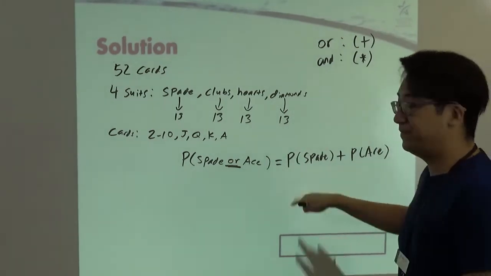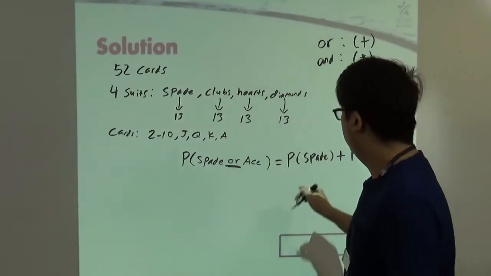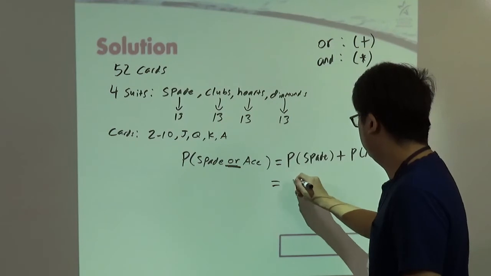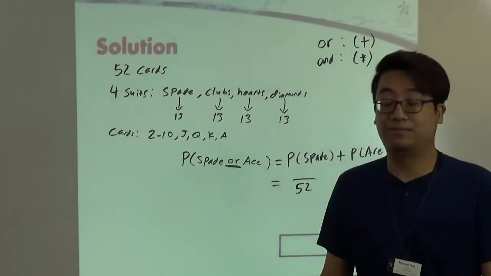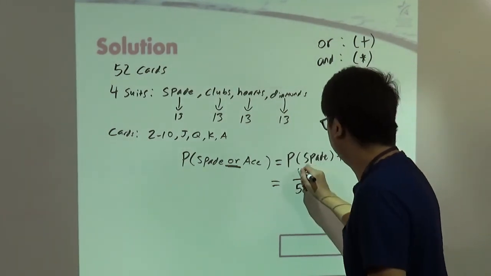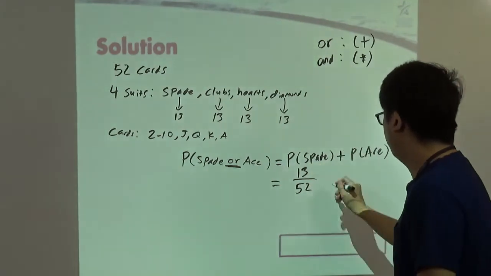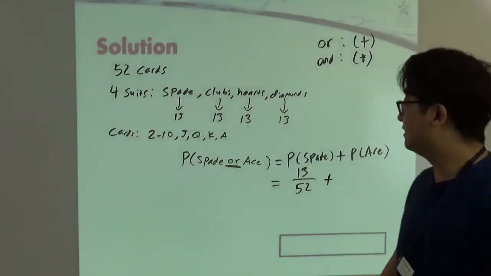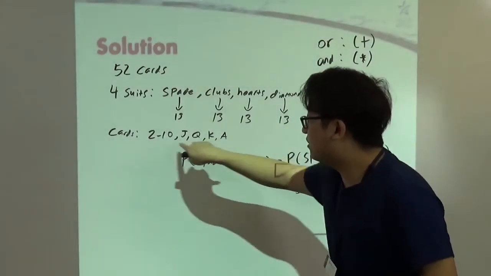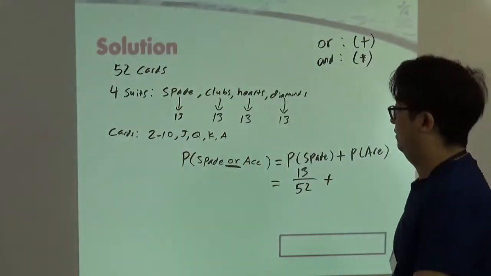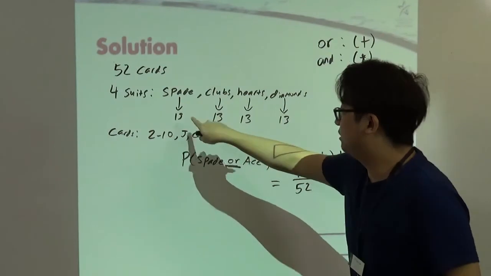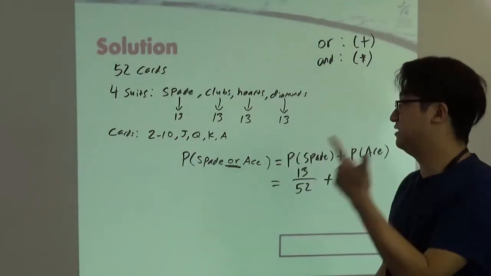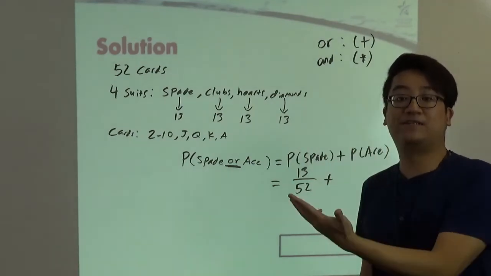So let's look at the probability of spades first. It's a total of 52 cards, and 13 of them are spades. So we put a 13 on top here. Now plus, let's look at aces. These cards repeat every suit, so there should be one ace in every suit: ace of spades, ace of clubs, ace of hearts, and ace of diamonds.